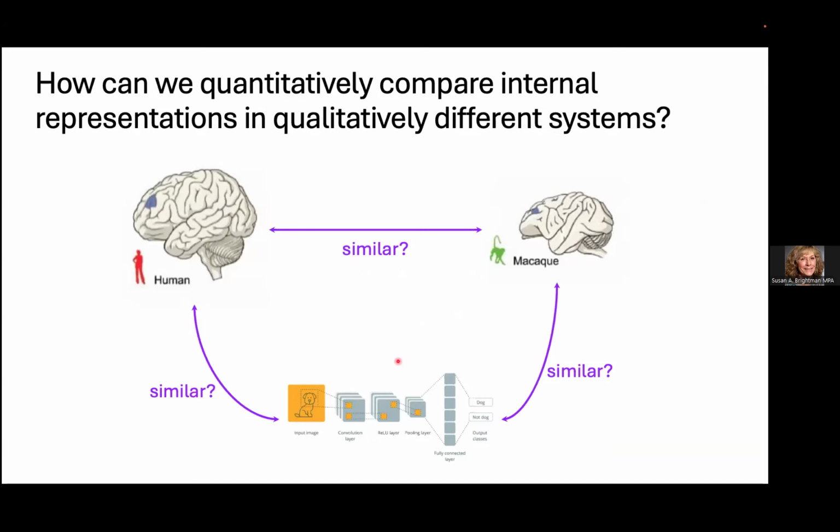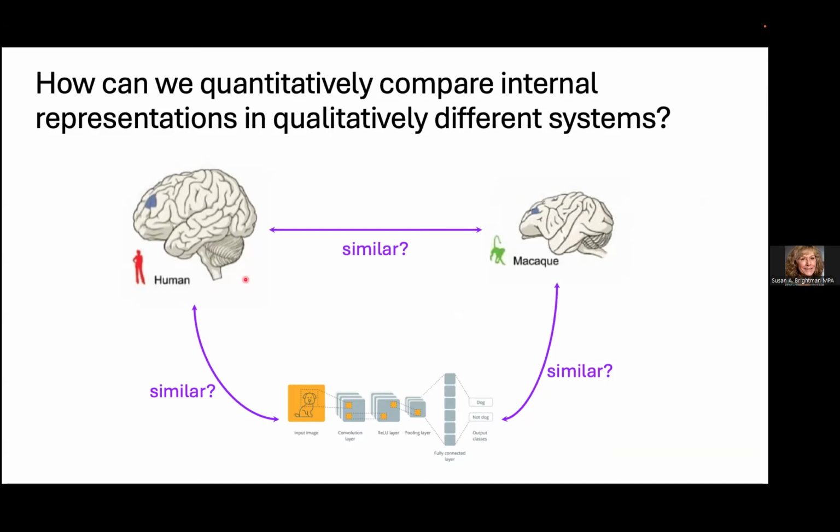So there's a number of methods out there that do this, and the general setup is we have multiple systems that we are interested in comparing. We're interested in knowing if these represent information in similar ways and if they compute in similar ways. So maybe you have a human brain, a monkey brain, and a deep neural network, and you'd like to know, is this neural network computing visual information in the same way that the brain is? Is the human brain computing it similar to how the monkey brain is doing it?